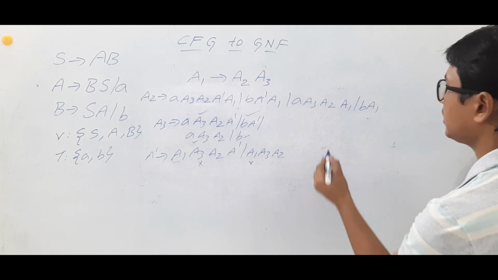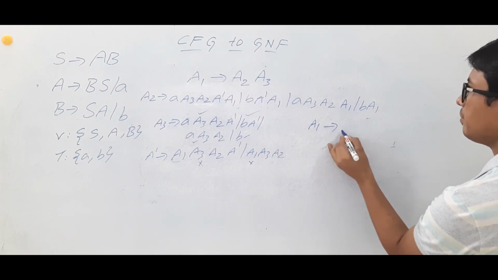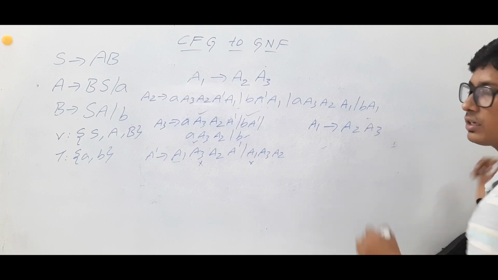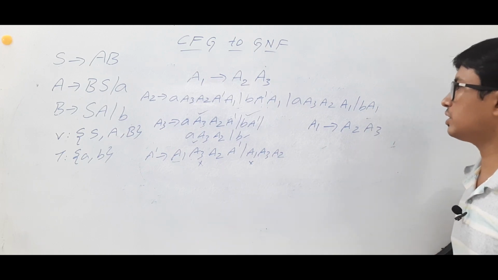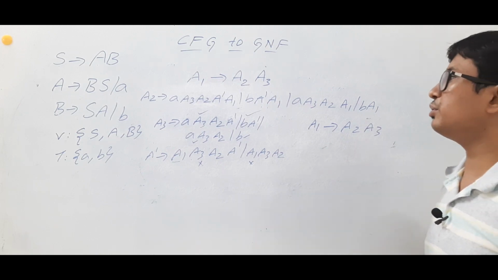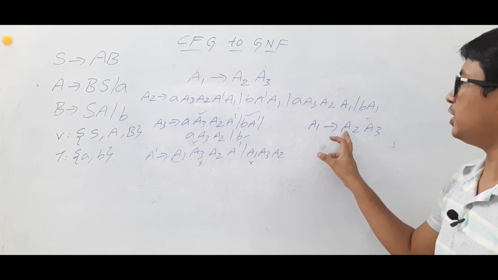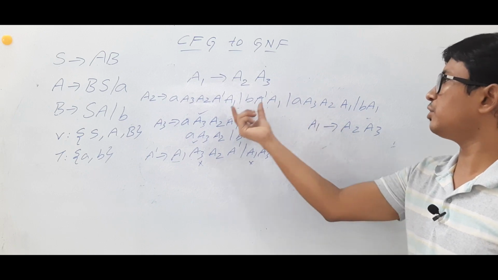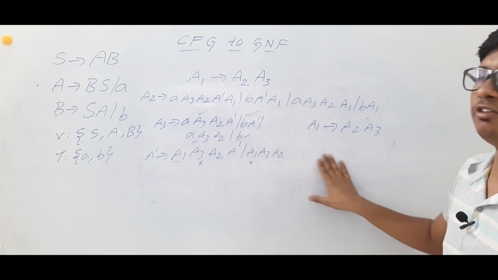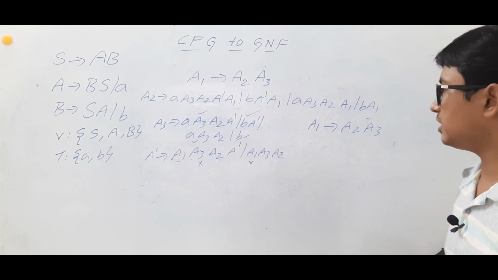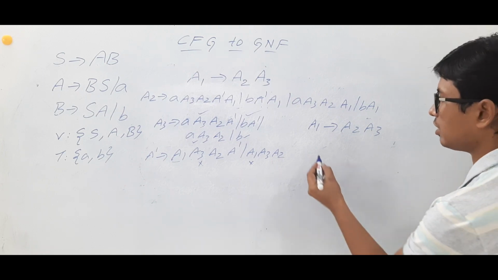Now I will take A1 determines A2, A3. This is not in the GNF form. Is it clear? So then what will I do? Already I found that A2 is in the GNF. Am I right or wrong? So if I keep all the productions of A2 in place of A2 here, then A1 will also be in the GNF. We will check whether it is satisfying or not.